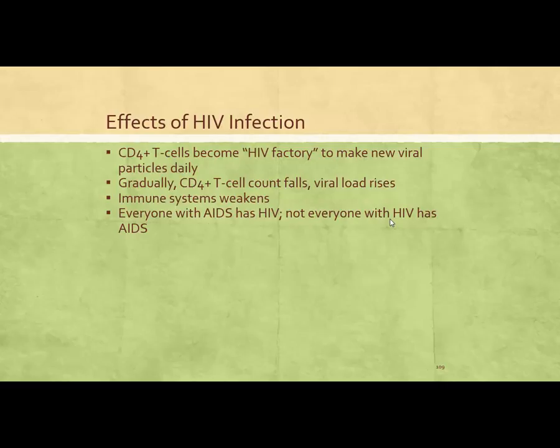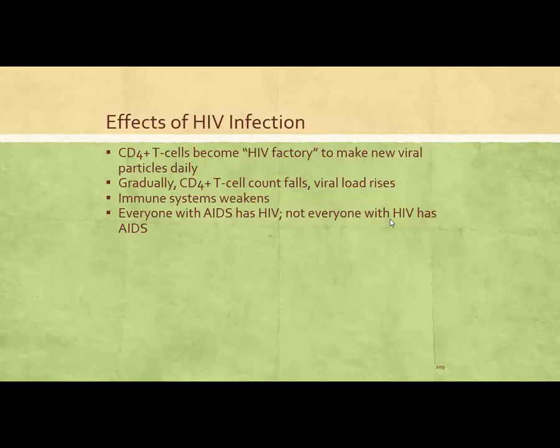Gradually, the CD4 T cell counts will fall, and then the viral load, or the number of viruses, will increase. So early in the disease, the immune system can kind of keep up, but gradually over time those CD4 T cell counts are going to fall. As that occurs, the immune system weakens, so we see an increased risk of death in those patients who don't receive any treatment.